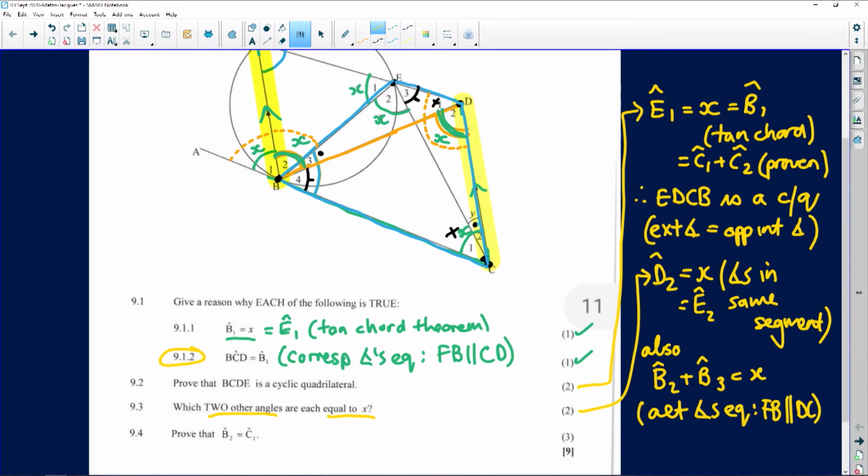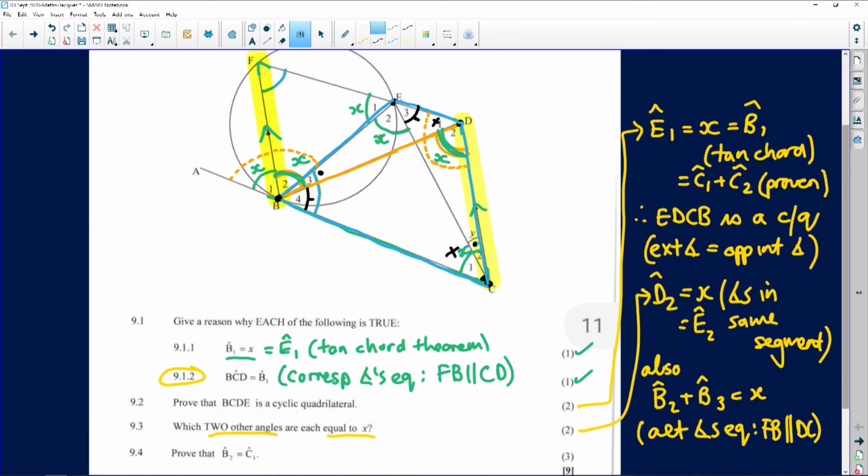Now let's go down for our next one. For 3 marks, we've got to prove that B2 is equal to C1. Now let's see if that is indeed already the case. B2 lies over here. Let's just put a little orange circle around B2. We want B2 equal to C1, and C1 is this angle that lies over there.